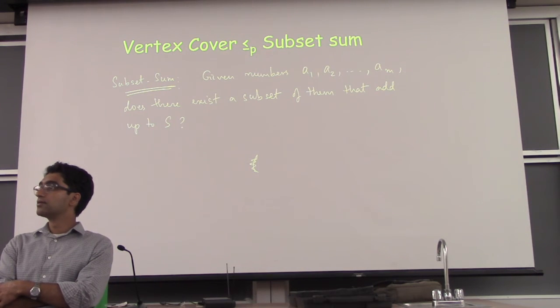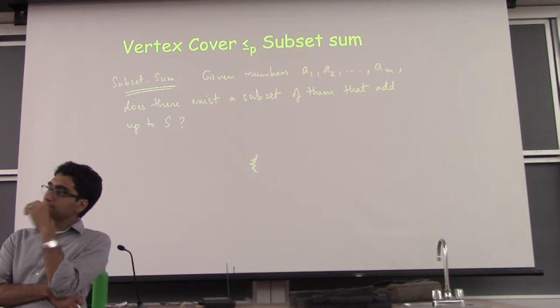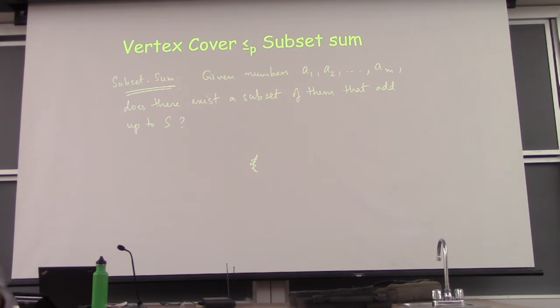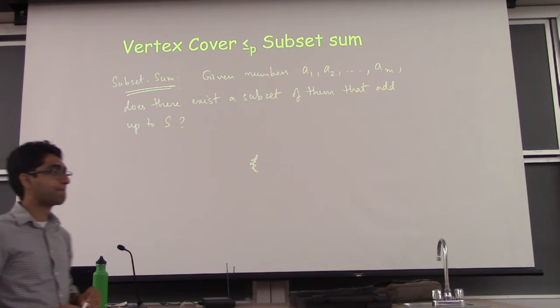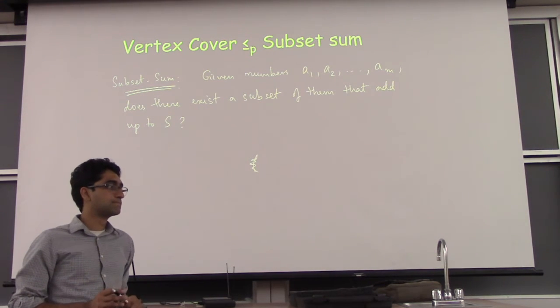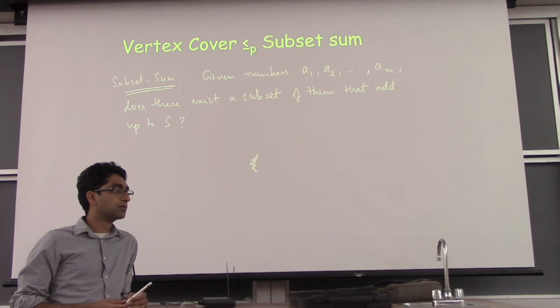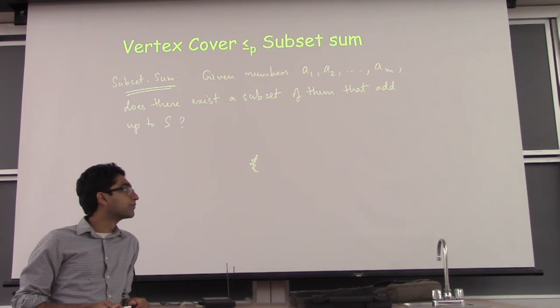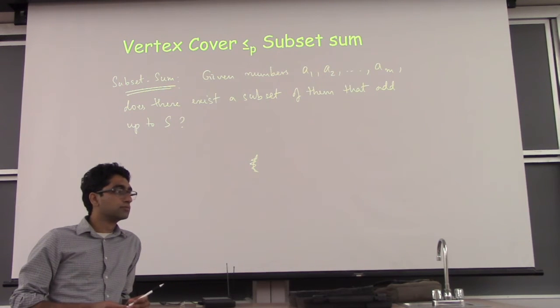Greedy doesn't quite work, right? Because S may not be expressible in terms of the greedy thing. Start with A1. A1 is in, then recurse on A2 to AM and S minus A1. Or else recurse on A2 to AM and S.